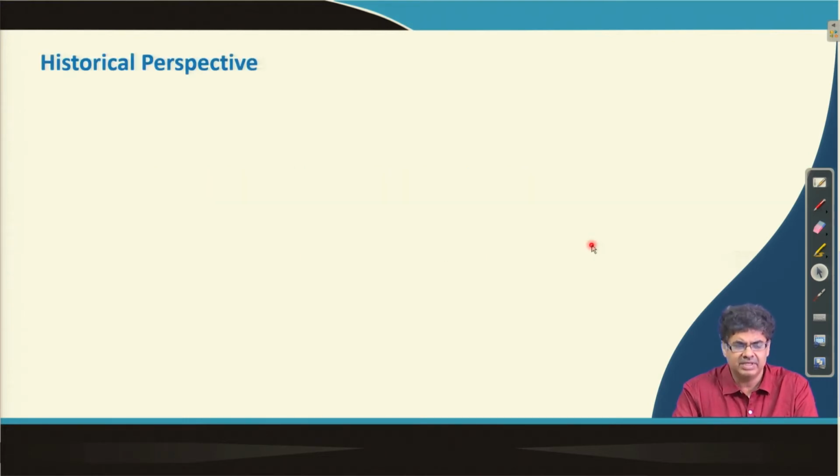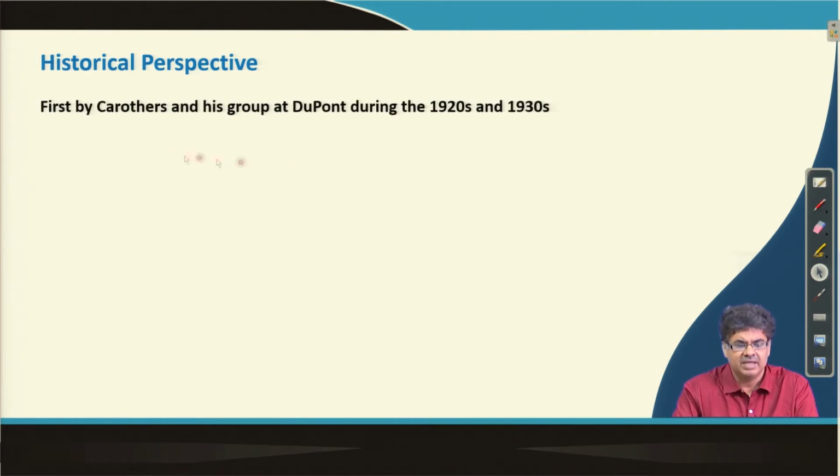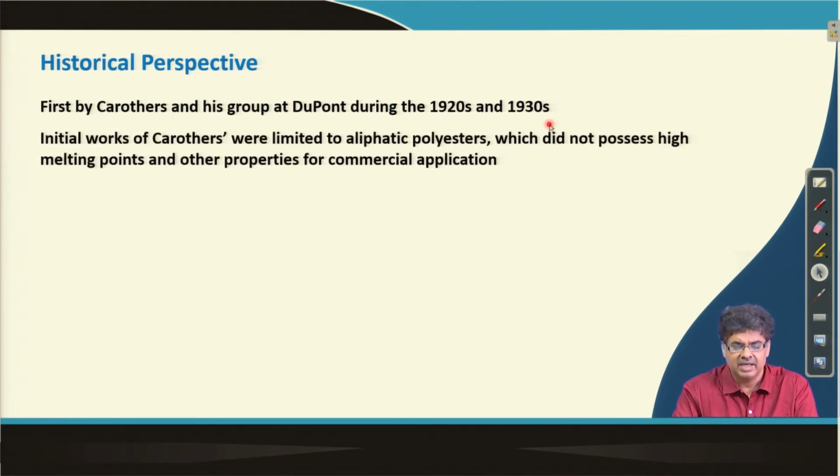Just to give you briefly a historical perspective, step polymers were first synthesized by Carothers and his group at DuPont during the 1920s and 1930s. The initial work of Carothers was limited to aliphatic polyesters, which did not possess the high melting point and other properties required for commercial applications.